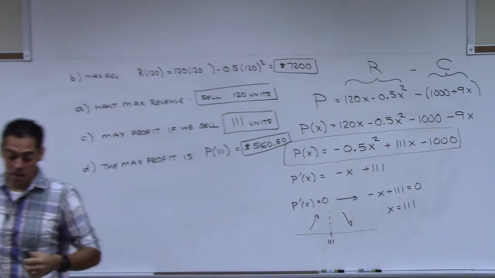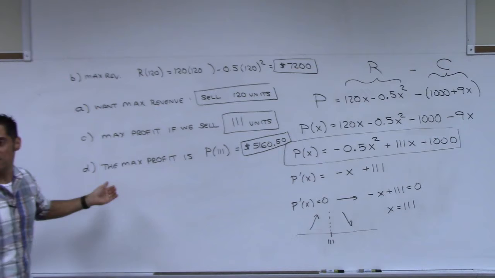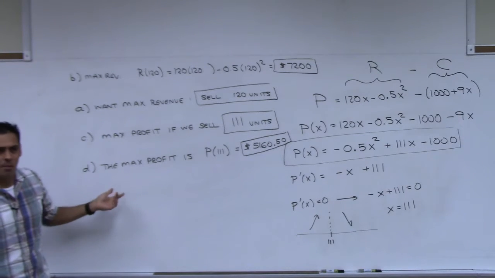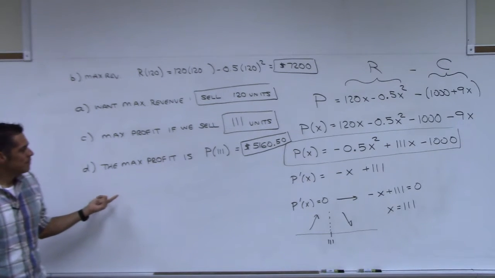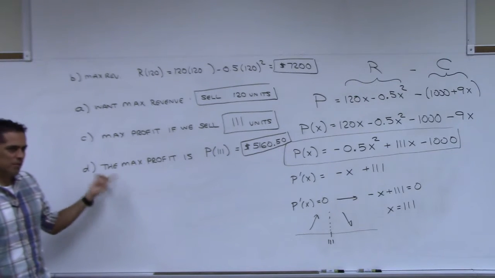So I think that if I'm running this business, right, I'm more interested, well, you tell me, what are you more interested in? Are you more interested in maximum revenue or maximum profit? Probably profit, right? I mean, you still have to pay your bills, right? You have to pay the people, you have to run your business, that costs money.